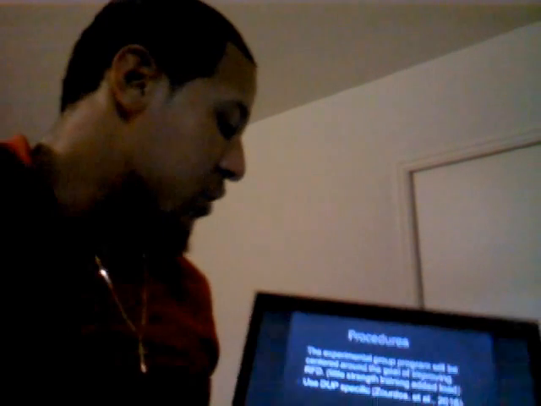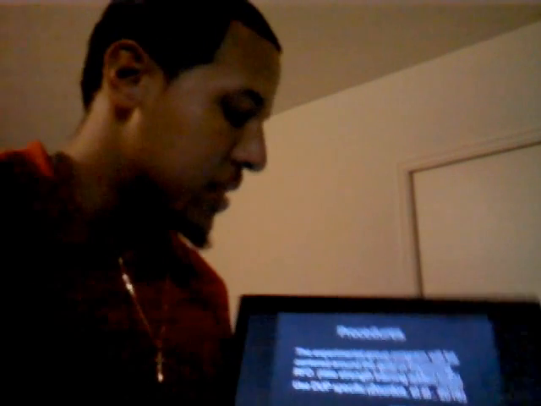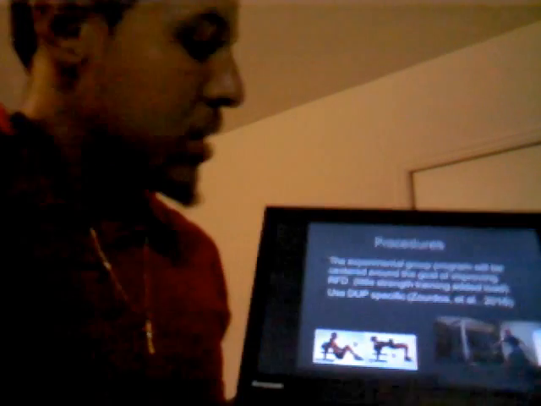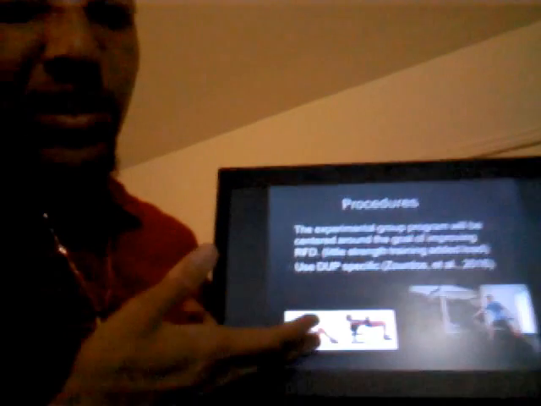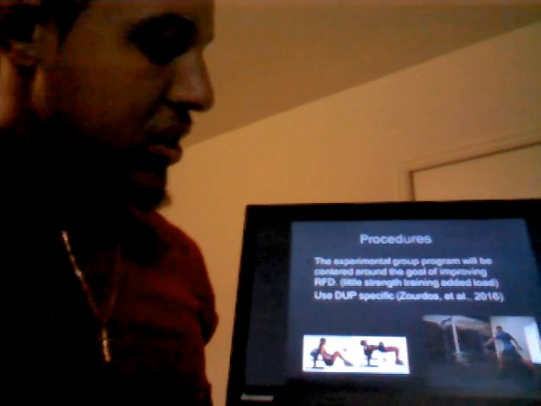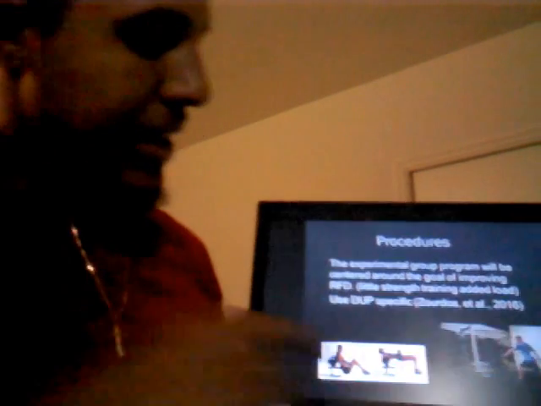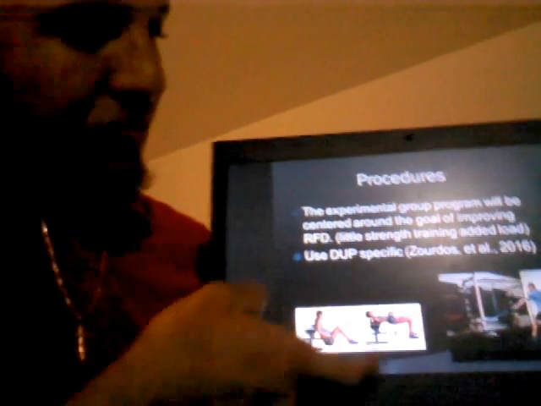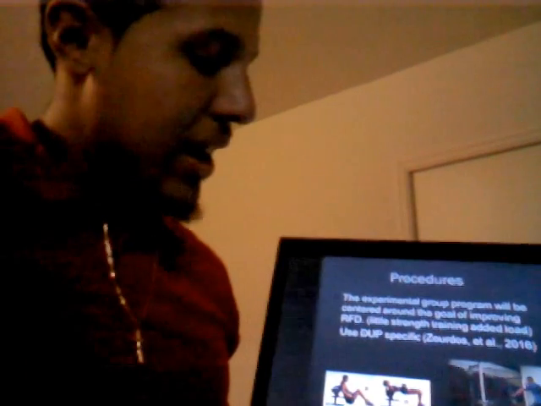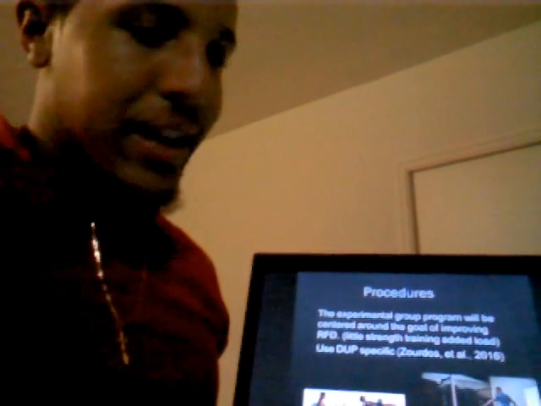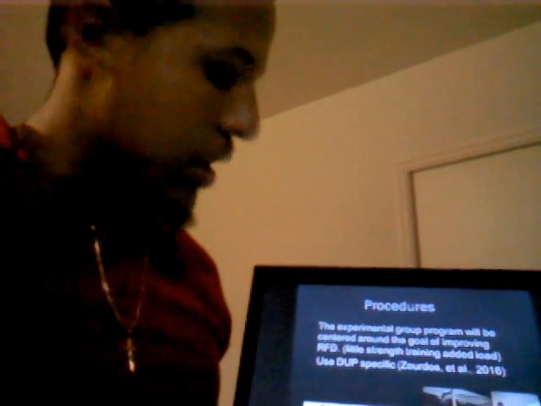As far as velocity specific work, some of the workouts I would have them doing are, for example, hip thrusters, but a variation of that: a single legged hip thruster with a band attached at the bottom, right there, just to provide that slight load.